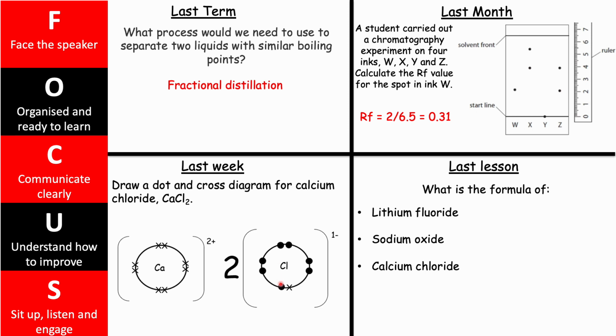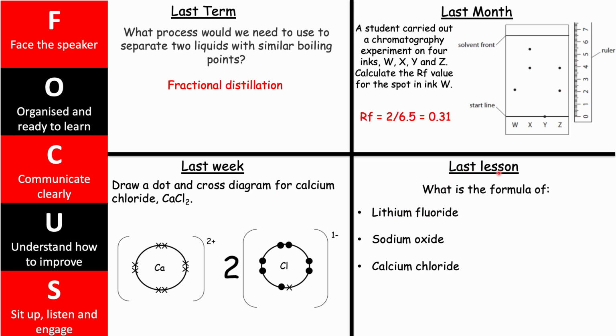Each of them will take 1 electron from calcium, so calcium has now got a full shell with a 2+ charge, and the chloride has a full shell with a 1- charge, but we have 2 lots of the chloride in total to balance out that calcium. And don't forget, you only need to show the outer electrons for a dot and cross diagram.